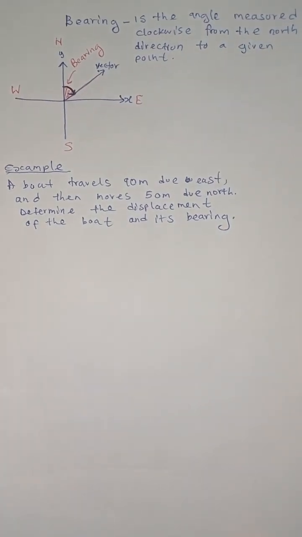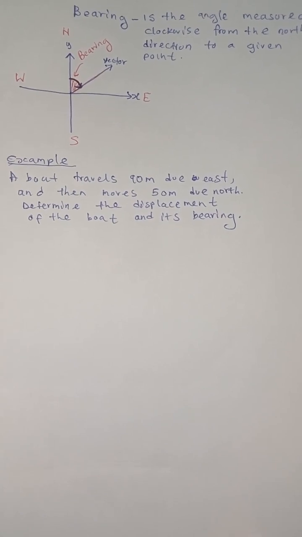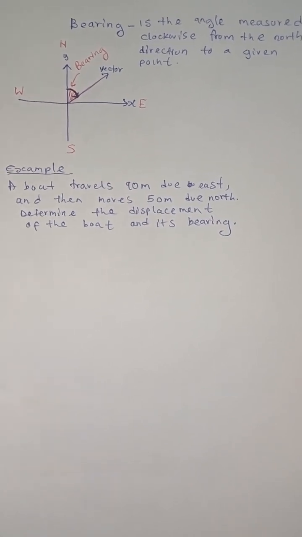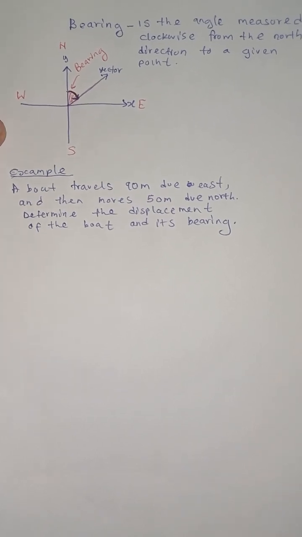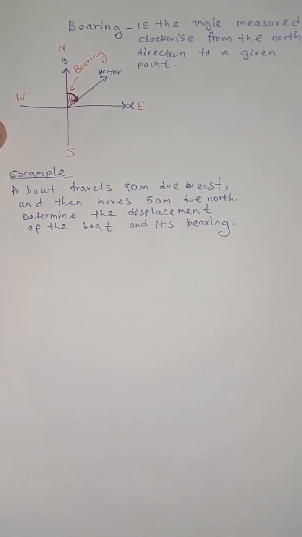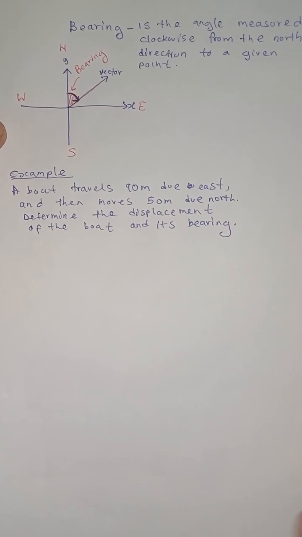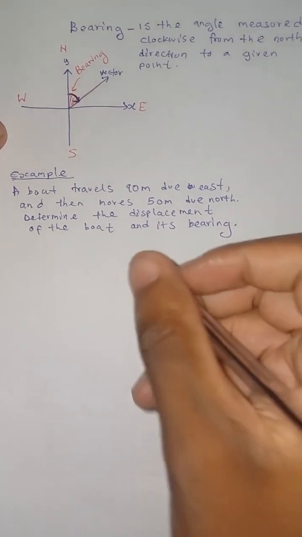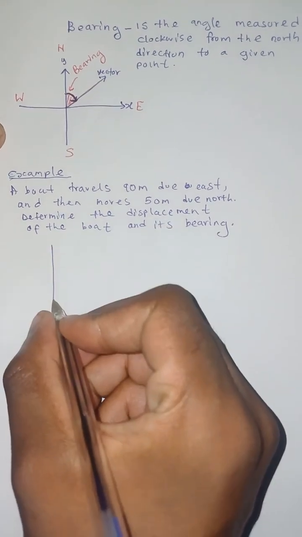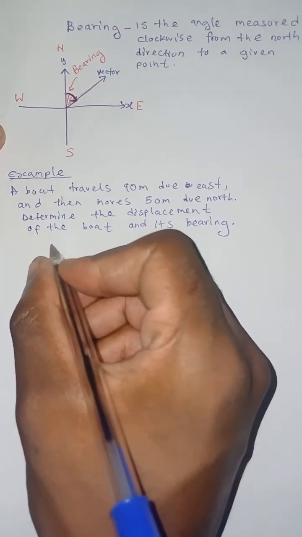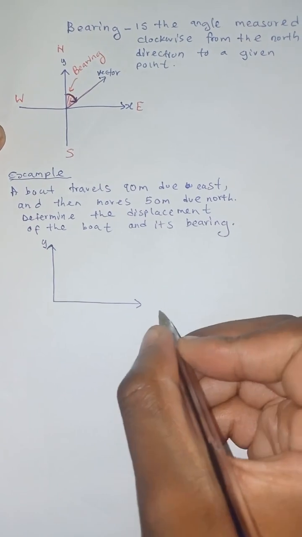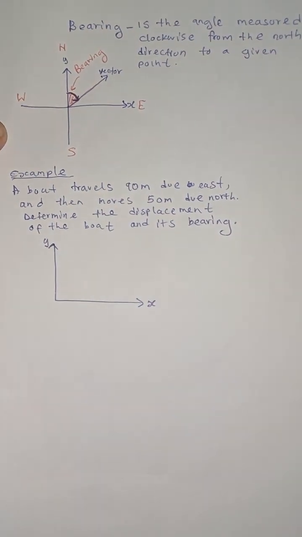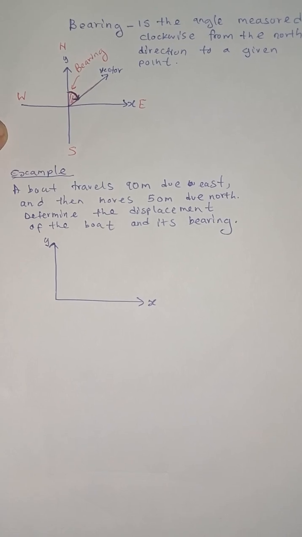So in order to solve this problem, we have to draw a diagram so that we can see the situation from a graphical point of view. So then we can draw a Cartesian plane. This is my y, this is my x-axis. Therefore, the boat moves from where to where?